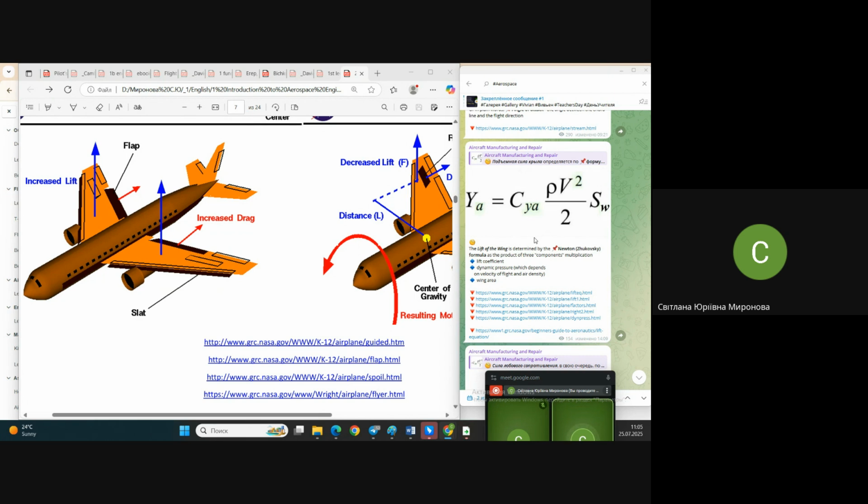Imagine that a subsonic airplane flies with a speed around 800 kilometers per hour. And before landing, the airplane needs to reduce speed almost twice, to 250, for instance, or 300 kilometers per hour immediately before gliding.